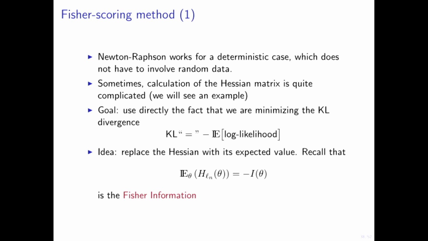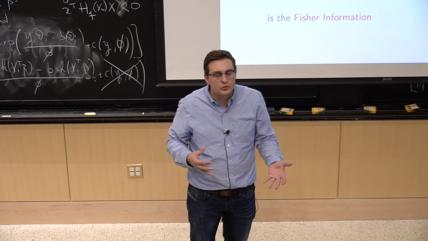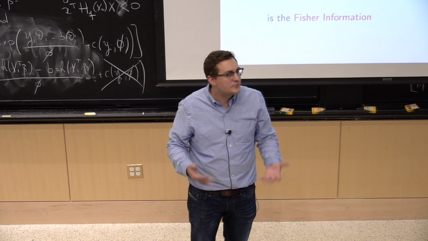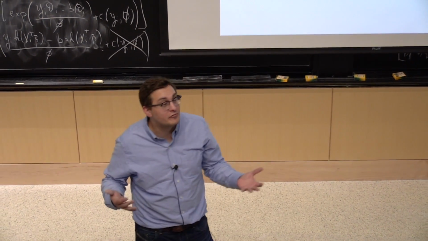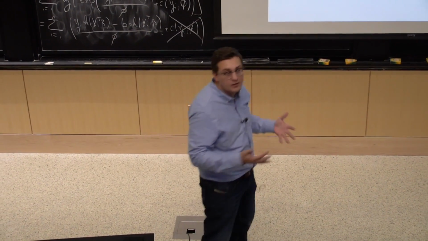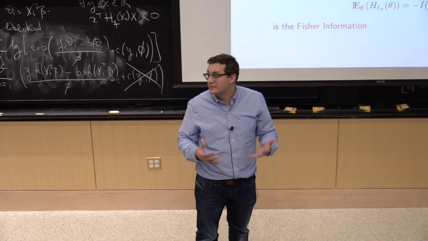That's the thing we wanted to minimize, the KL divergence between two distributions, the true one and the one that's parameterized by some unknown theta, and we're trying to minimize that over theta. And we said, well, I don't know what this is because it's an expectation with respect to some unknown distribution, so let me just replace the expectation with respect to my unknown distribution by an average over my data points. And that's how we justified the existence of the log likelihood maximization problem.